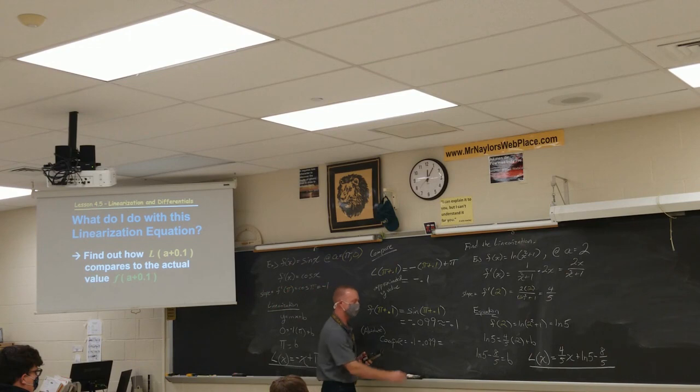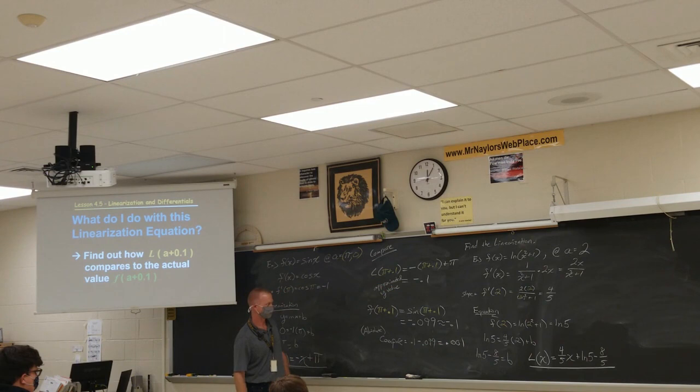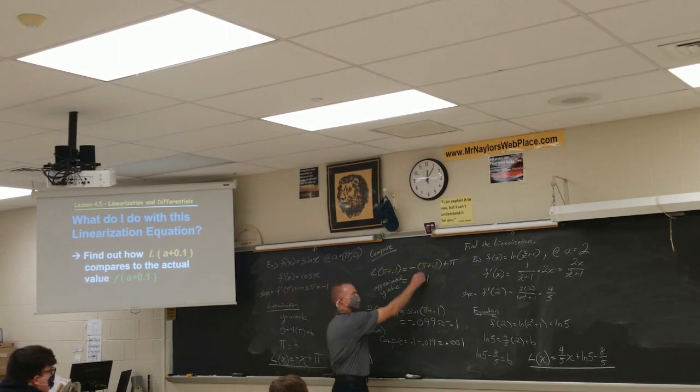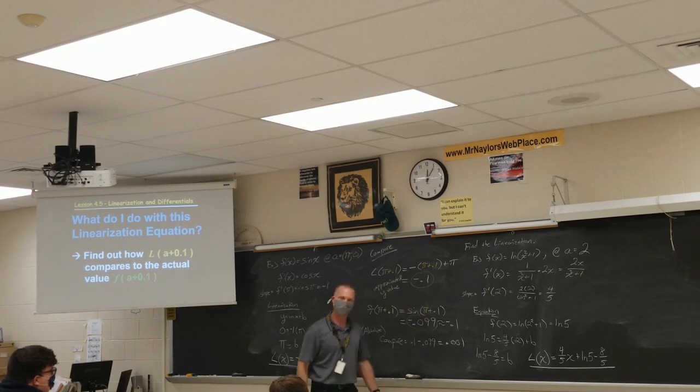Oh, 0.001. Again, you may compare them without the negatives. That's fine. They're almost exactly the same, and that's the way it's supposed to be. They only differ by a small value.